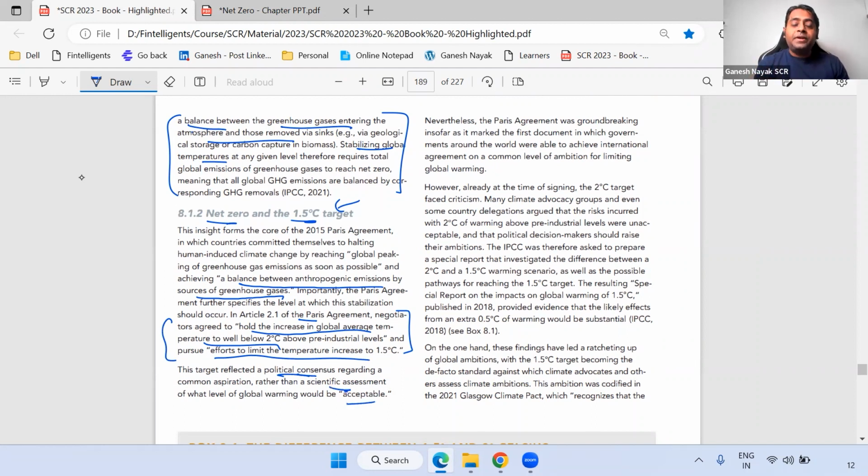It was more accepted by the political players that this is the agreement that we are going to be looking at. And this was the first international agreement that talked about global warming and coming to some level of target, which all the political players, or the countries, now have as a common goal to achieve.